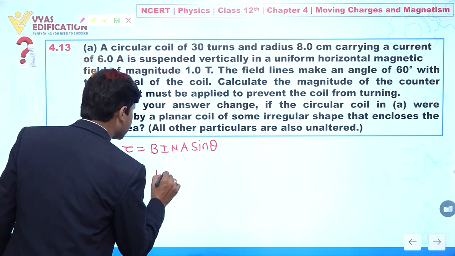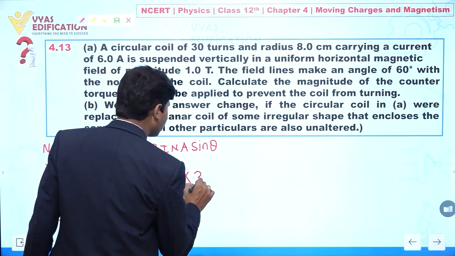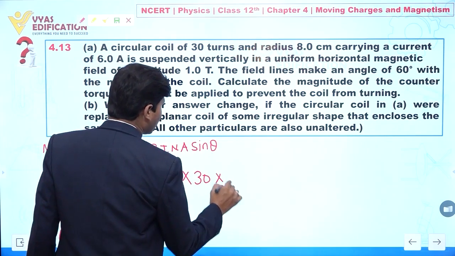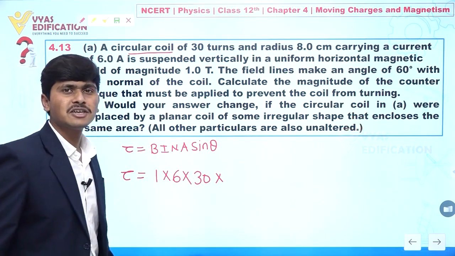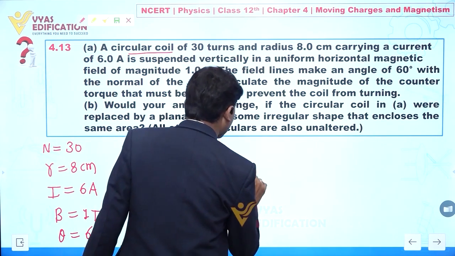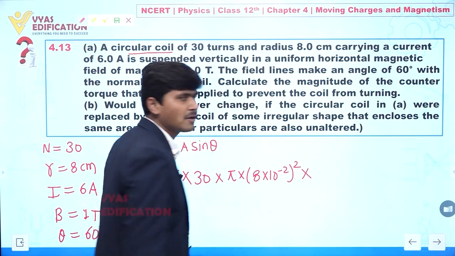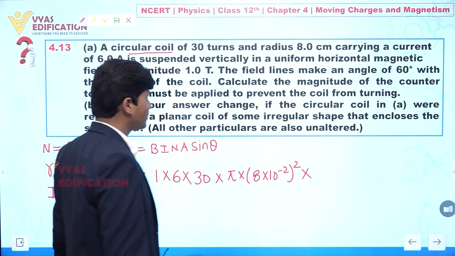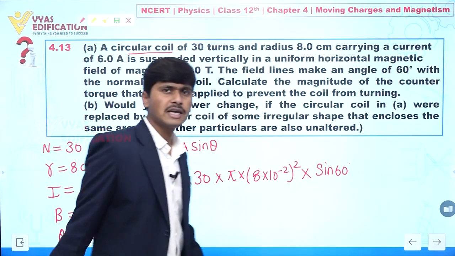B is 1, I is 6, number of turns is 30. Now the important part, the area: because this is a circular coil, area is given by pi r square. So pi, where r is 8 into 10 to the power minus 2, whole square, and multiply by sin 60, clear everyone?